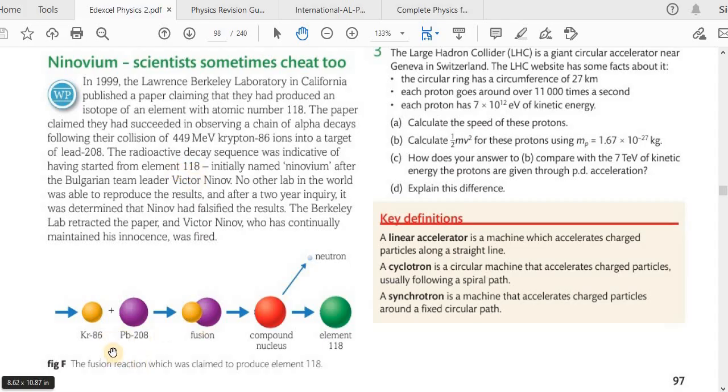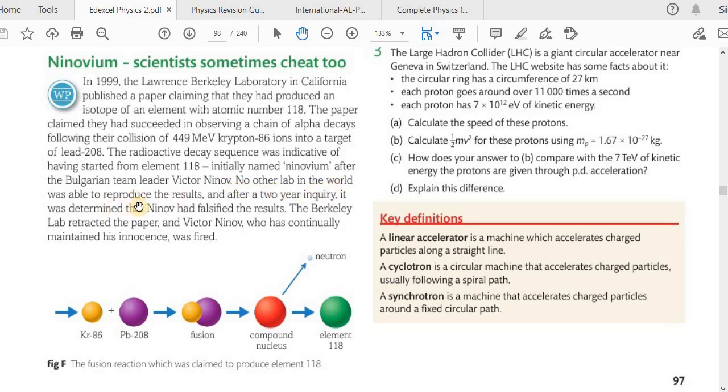Now here you can see fusion. The element was initially named ninovium after the Bulgarian team leader Viktor Ninov.